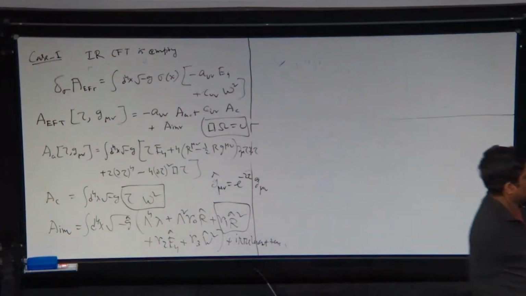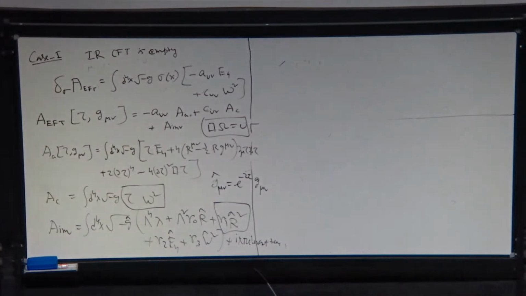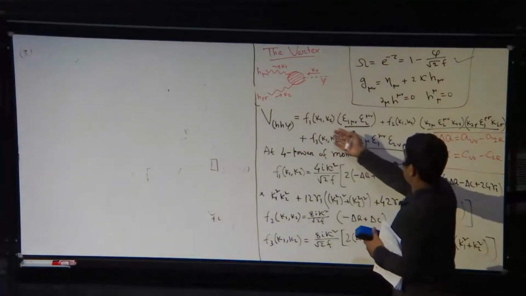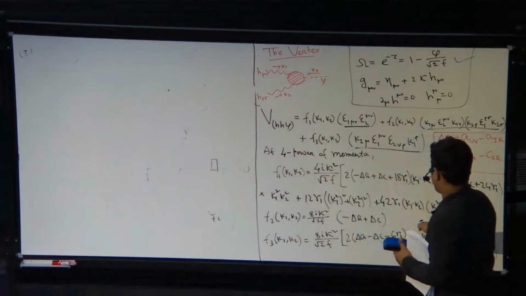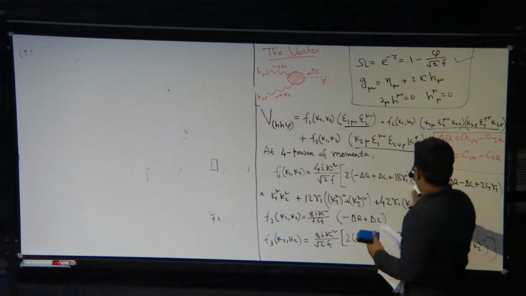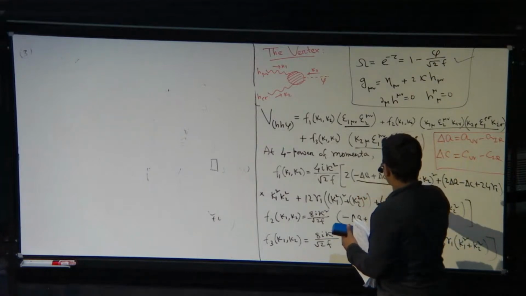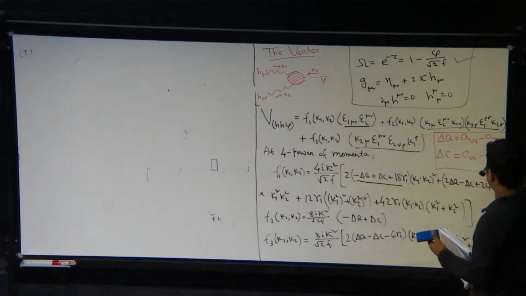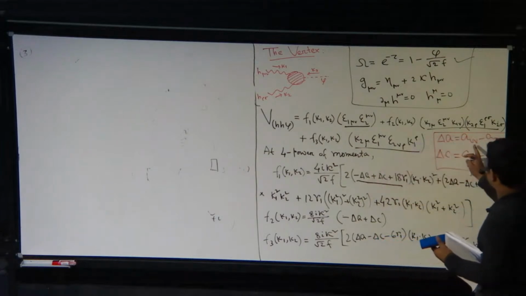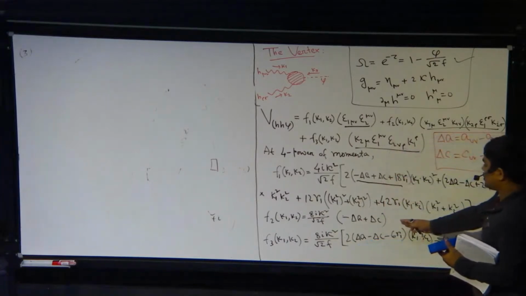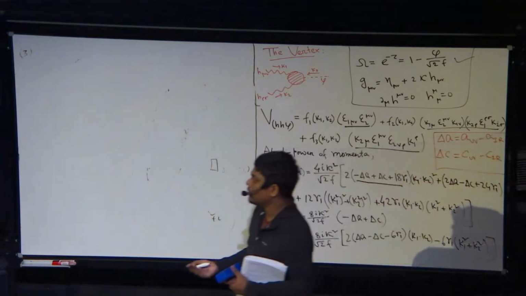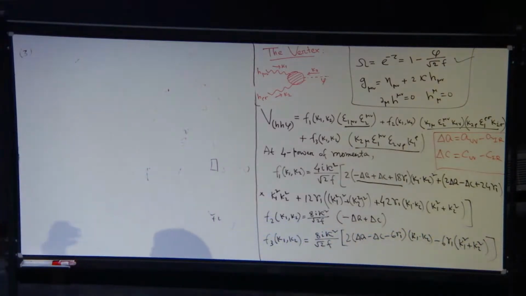If we read off this vertex starting from this action, it has 3 tensor structures with some scalar functions built out of the momenta. At 4th derivative order, this coefficient contains information about both, so here you should think, since A_IR is 0 and C_IR is 0, of this coefficient as just A_UV and C_UV. They mix up, but there are enough tensor structures that we are able to isolate the C anomaly if we compute this vertex starting from the UV CFT and some deformation.